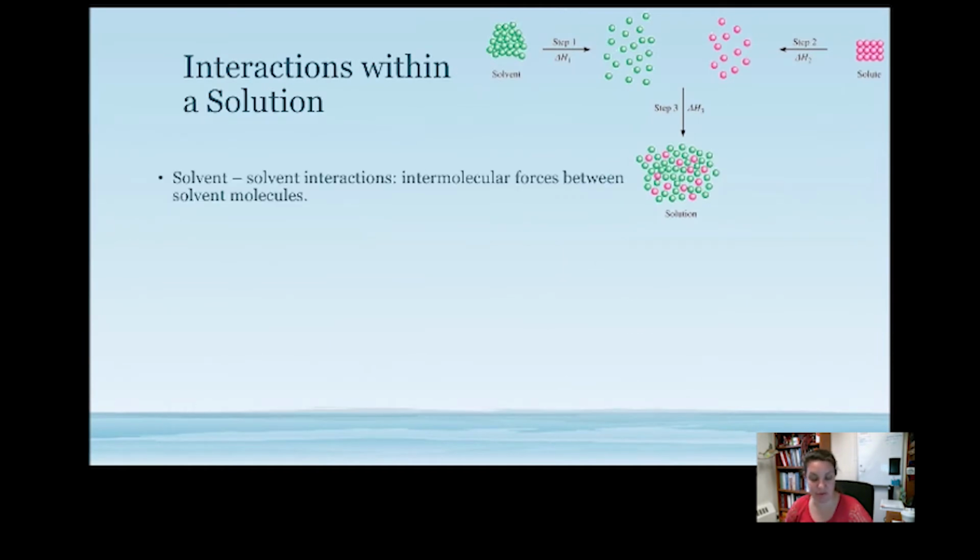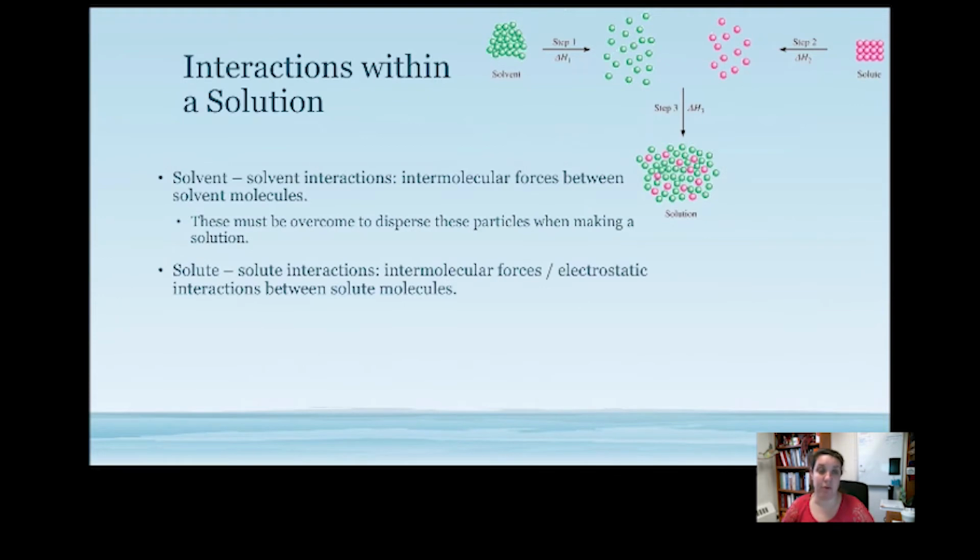Okay, so let's look at the energies a little bit more in detail. So we've got our solvent-solvent interactions, intermolecular forces between solvent molecules, unless we're talking about a solid solvent, in which case it would be electrostatic interactions. We have to overcome these in order to disperse the particles. Usually it's going to just be intermolecular forces that we're breaking. And then we have solute-solute interactions.